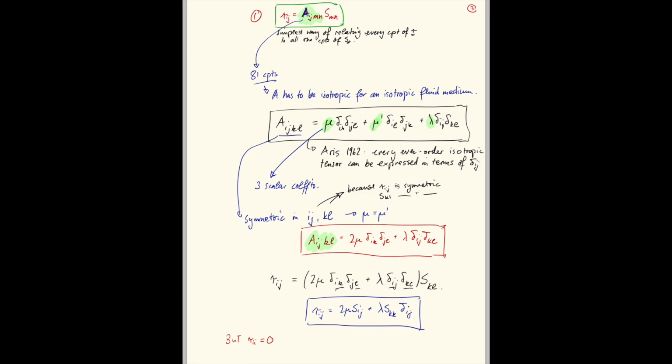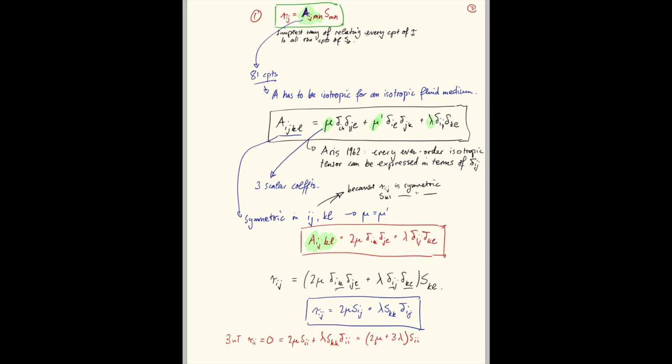And so that would mean that 2 mu sii plus lambda sii delta ii is 2 mu plus 3 lambda sii. And maybe I should call this here kk so that we don't get confused with our repeated indices. But what's skk or sii?